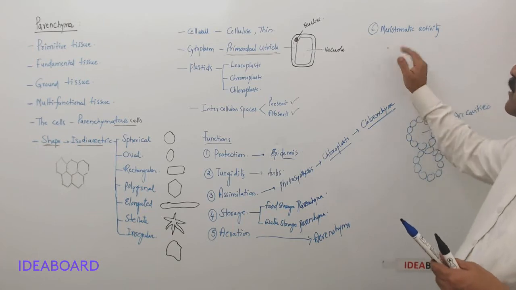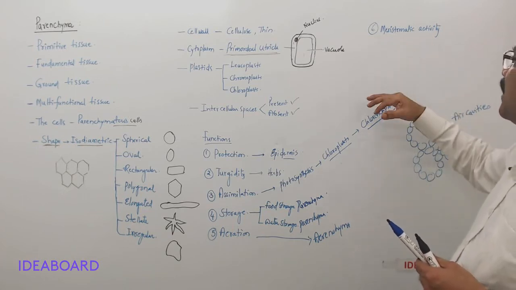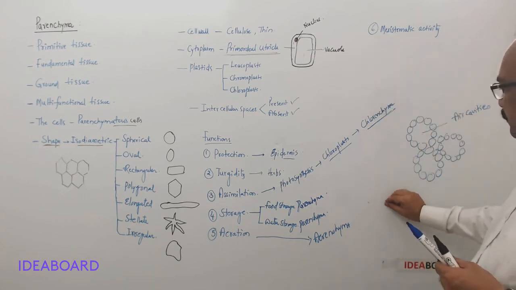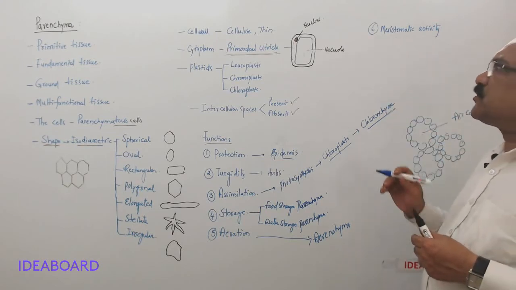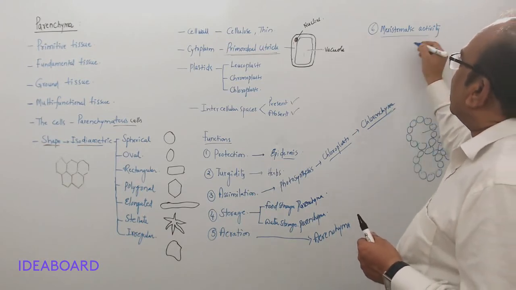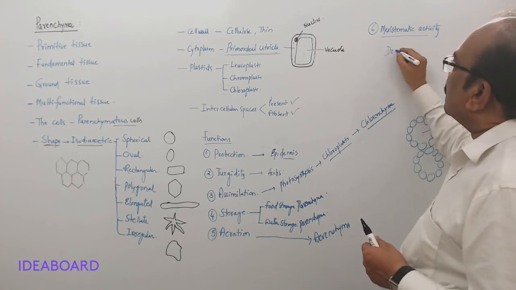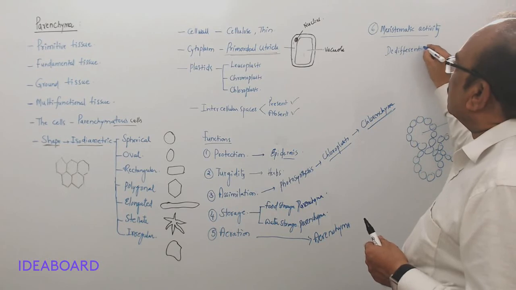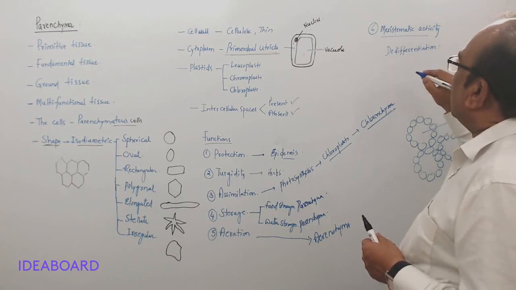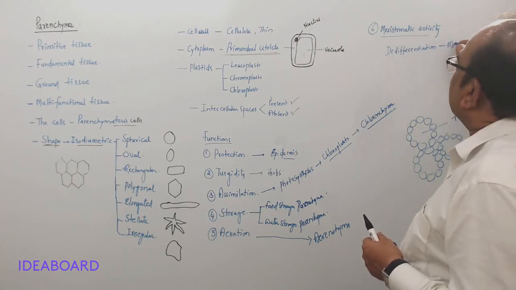And the last but not the least is meristematic activity. Remember, parenchyma being a living tissue, it can undergo dedifferentiation and become meristematic.